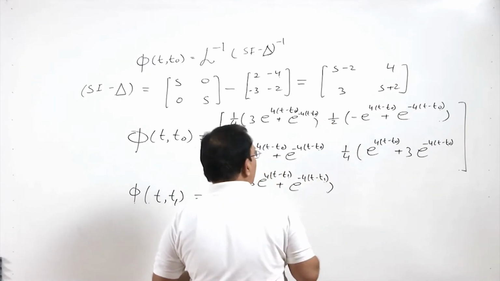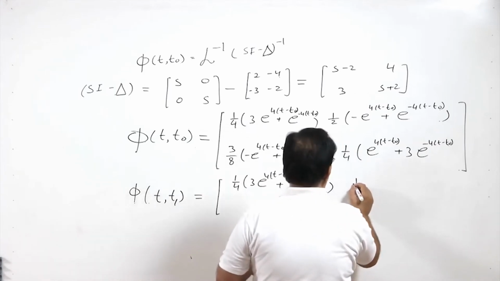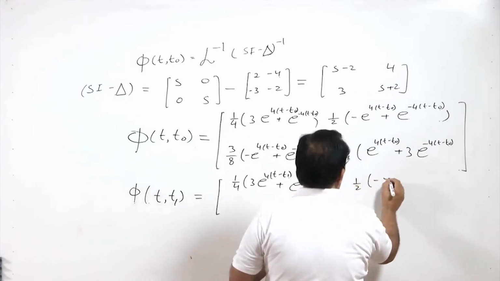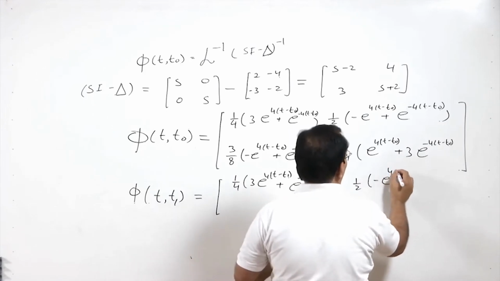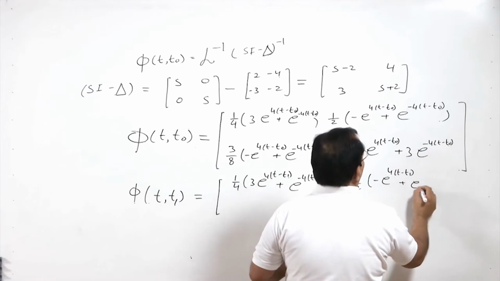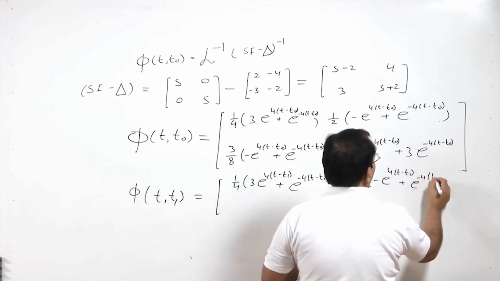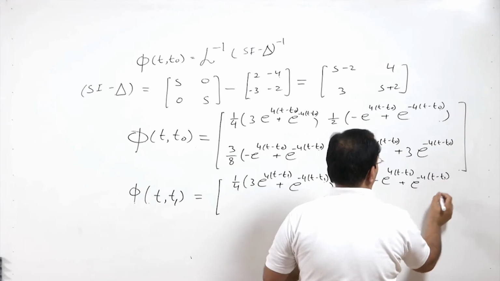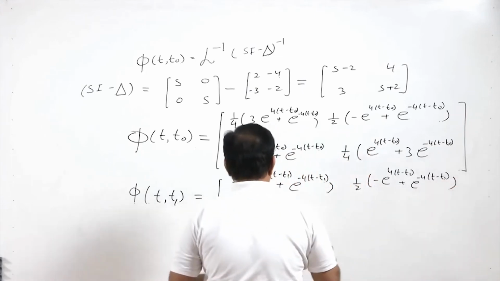This is my first term. The second term is 1 by 2, minus e to the power 4 t minus T1 plus e to the power minus 4 t minus T1.